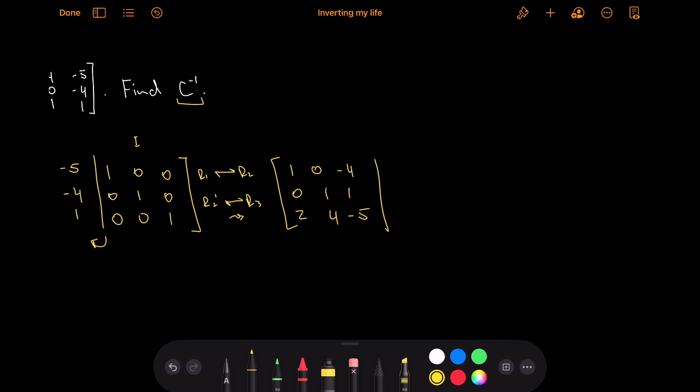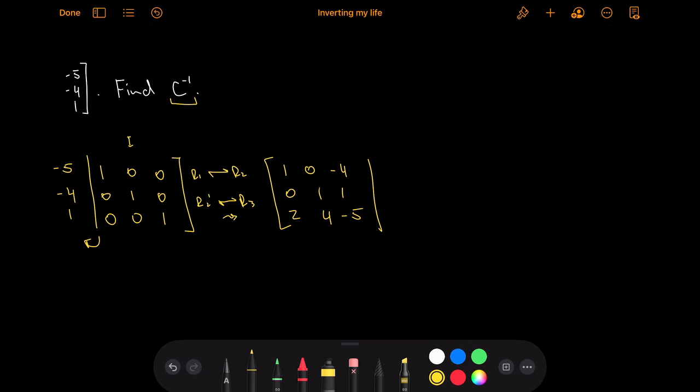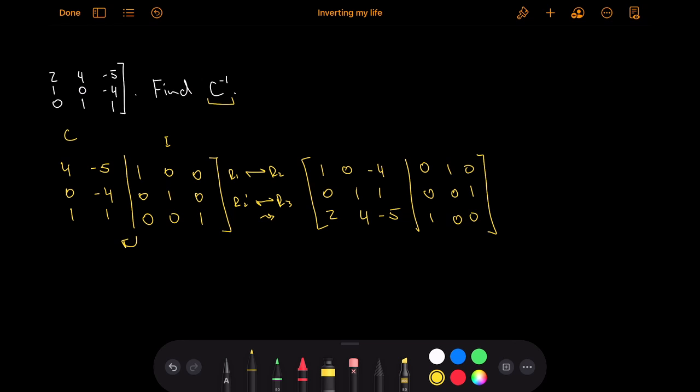And then whatever we did on the left side, we have to do on the right side. So this would be 0 1 0, 0 0 1, and then 1 0 0. The reason I did this is because on the left side, we now have a leading one here and another leading one there.